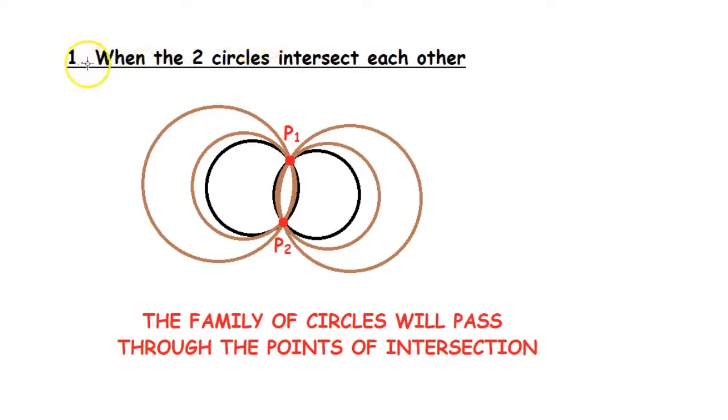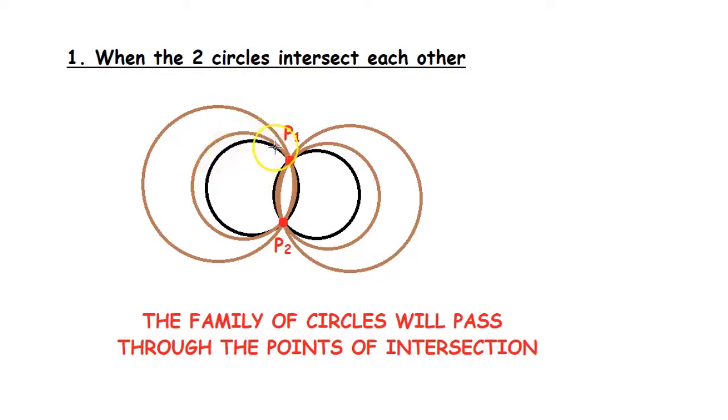Here we have the first situation when the two circles intersect each other. Here we have two parent black circles. The brown circles represent the family of circles. So when the two parent circles intersect each other at points P1 and P2, their family of circles will also have one common characteristic.